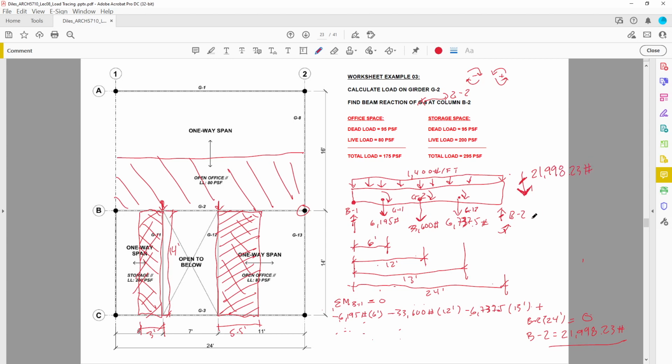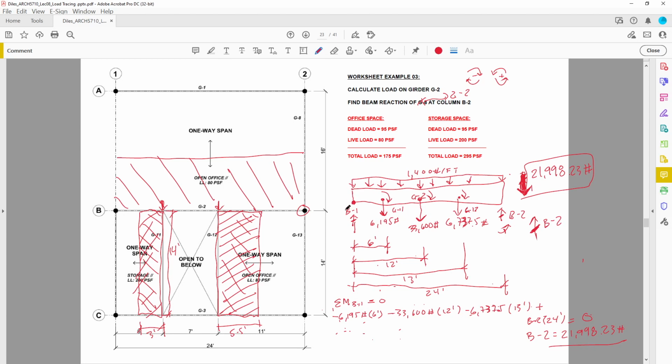So that's the beam reaction for G2 at column B2, and then column B2 has to push back. So that should not be a tick mark. That should just be the force going down, because our tick mark always shows the stabilizing reaction, and so B2 is going to have to push back at that.